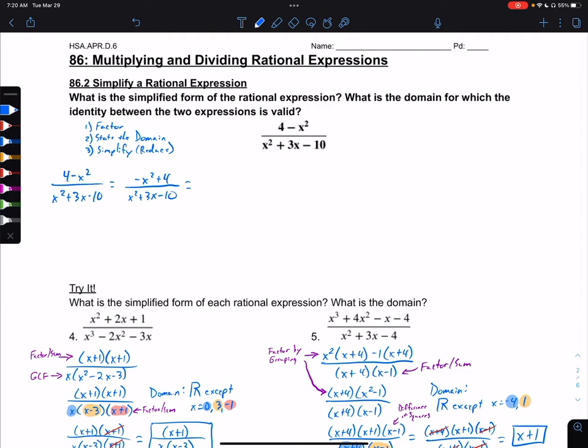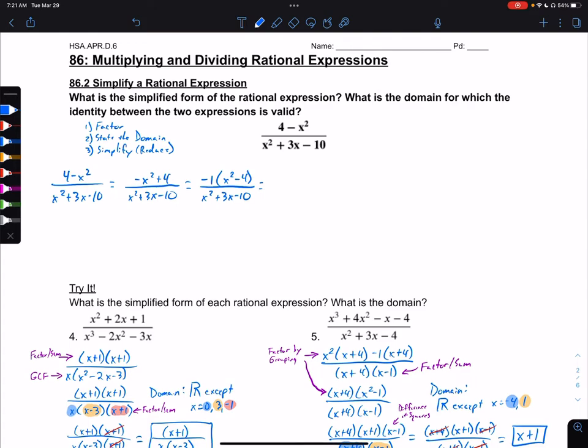So I'm going to factor out a negative 1. By factoring out negative 1, I'm left with positive x squared minus 4. Both of my signs are going to switch, so keep that in mind. And again, I'm doing one step at a time, so I'm bringing the denominator over as is for now.